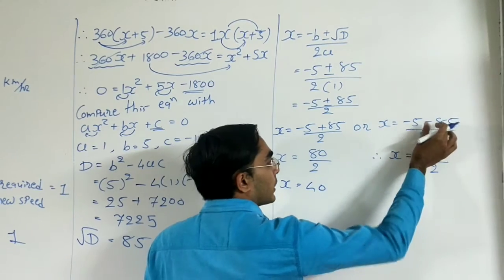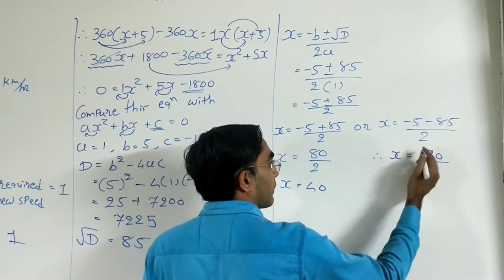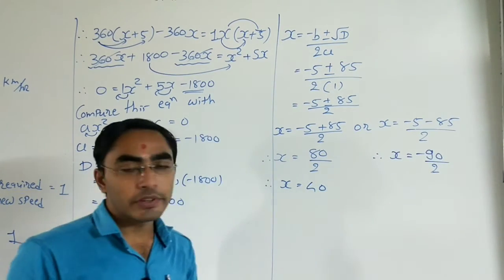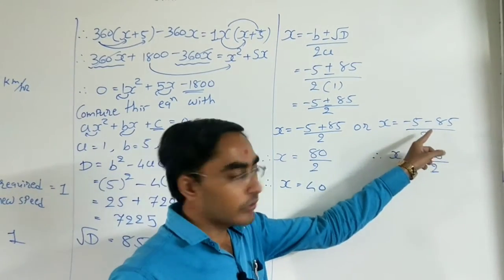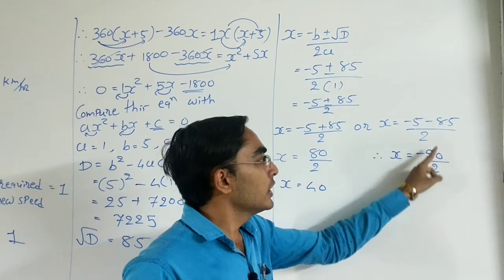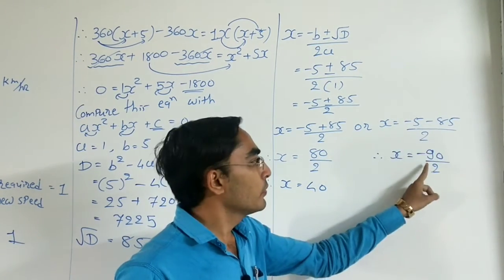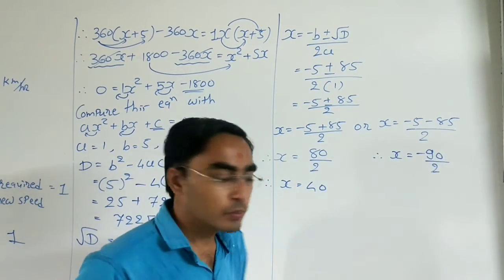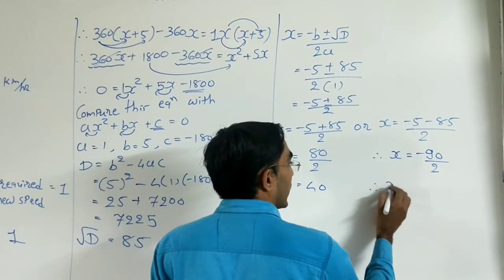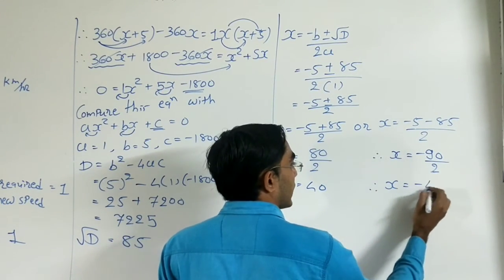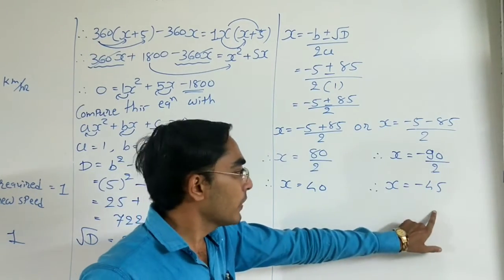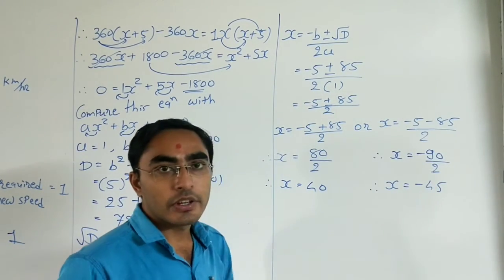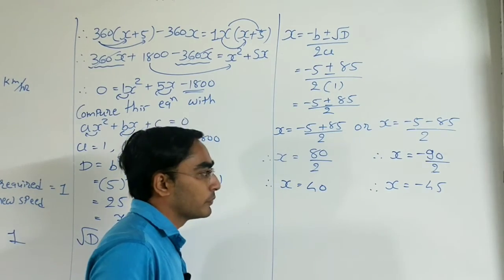And we need to put the bigger number's sign. The bigger number 85 has a negative sign, so minus 90 by 2. The sign is negative, divided by 2. Okay, so x is equal to minus 45. 90 by 2 is 45, and the sign as it is, minus 45.